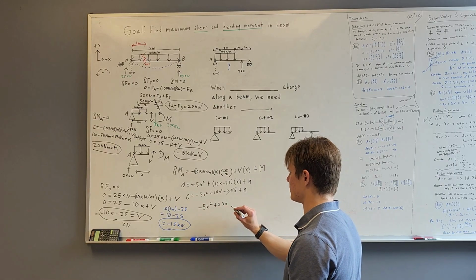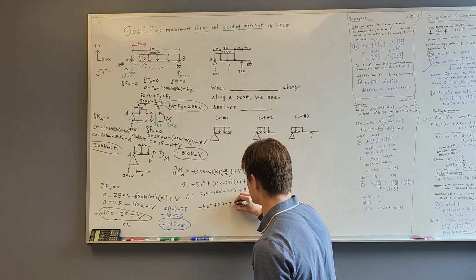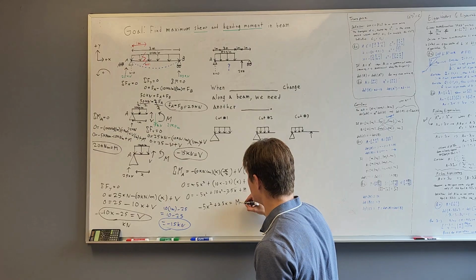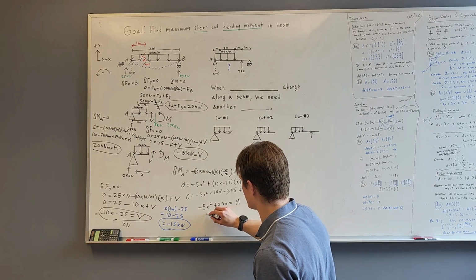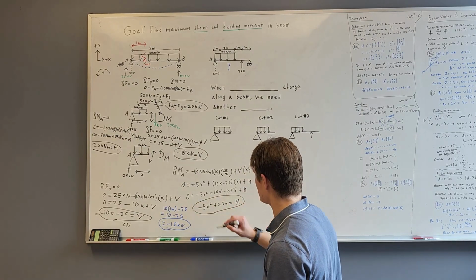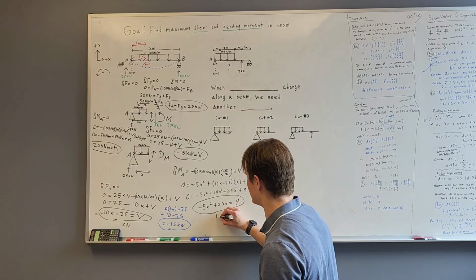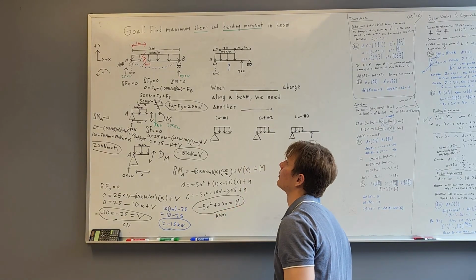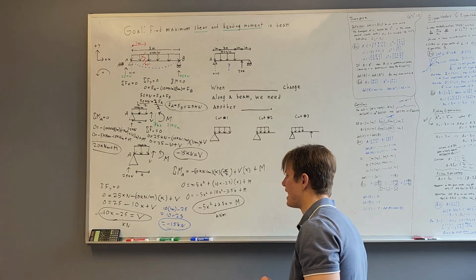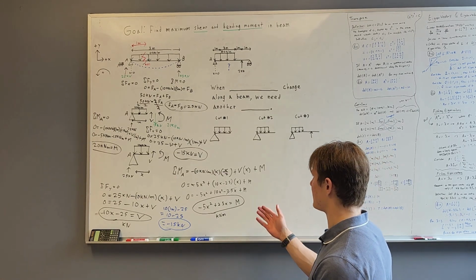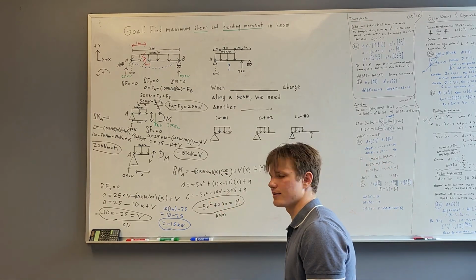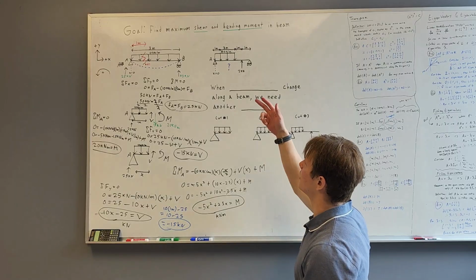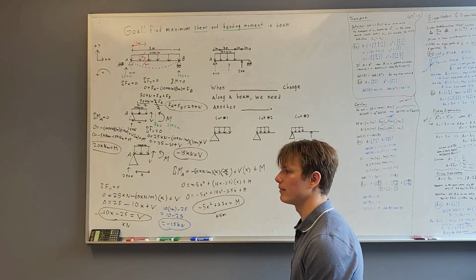Negative 5x squared plus 25x is equal to M. And that again will be in units of kilonewton meters. So now we have derived both of the equations for shear and moment using a simply supported beam example.